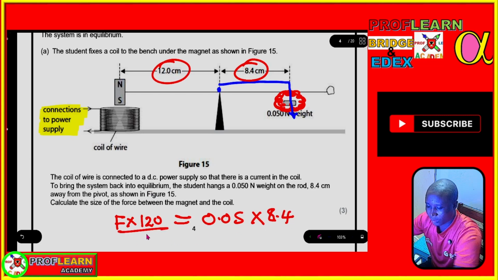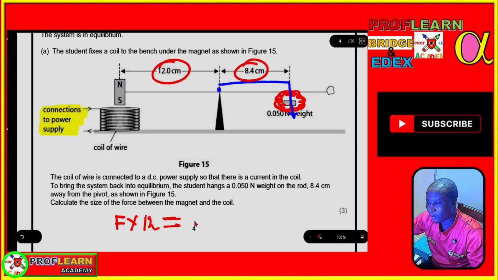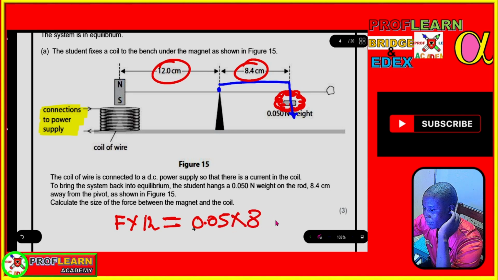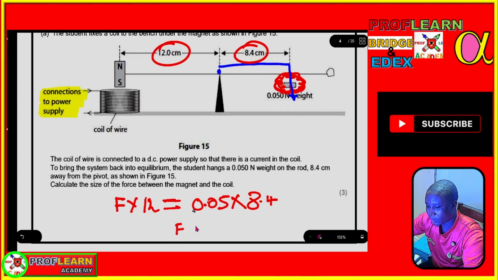F times 12 is equal to 0.05 times 8.4, which will mean that if we work it out, F is going to be 0.05 times 8.4 divided by 12.